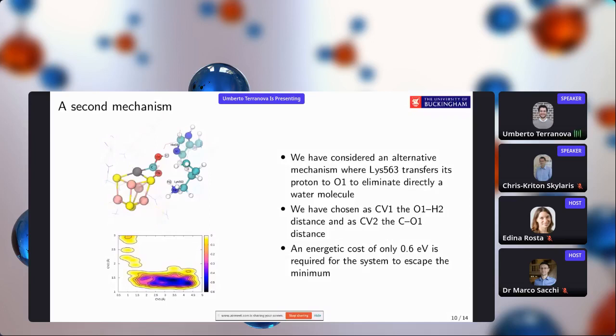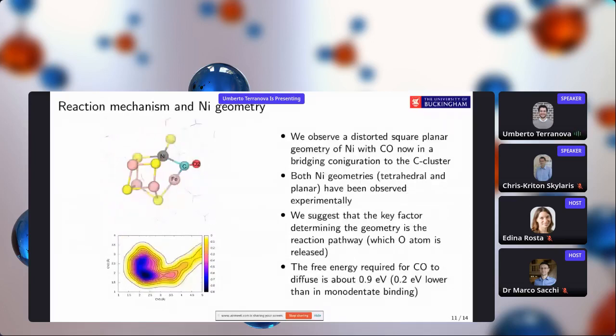The resulting structure is one where nickel is in a distorted square planar geometry, and the carbon monoxide is now in a bridging configuration to the cluster. Nickel geometries, planar and the one that I mentioned before, have been observed experimentally. So we suggest that the key factor determining the geometry of nickel is the reaction pathway.